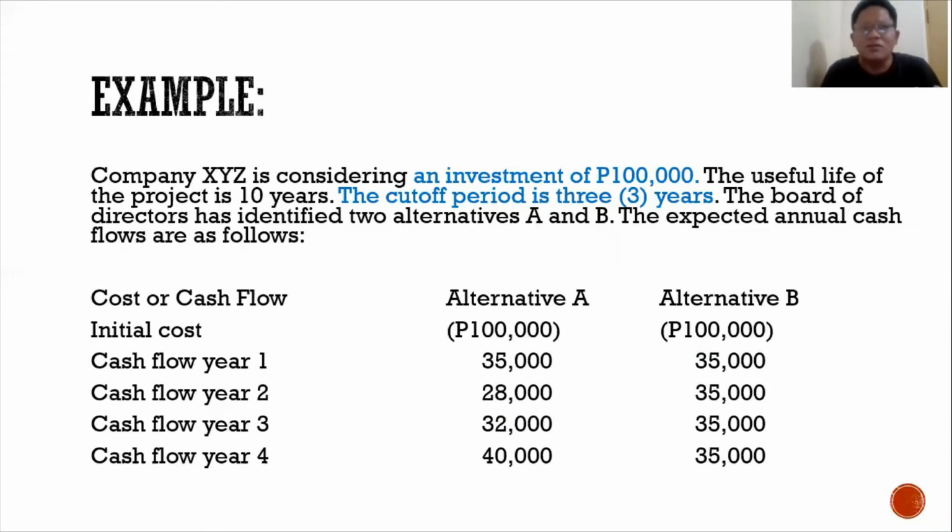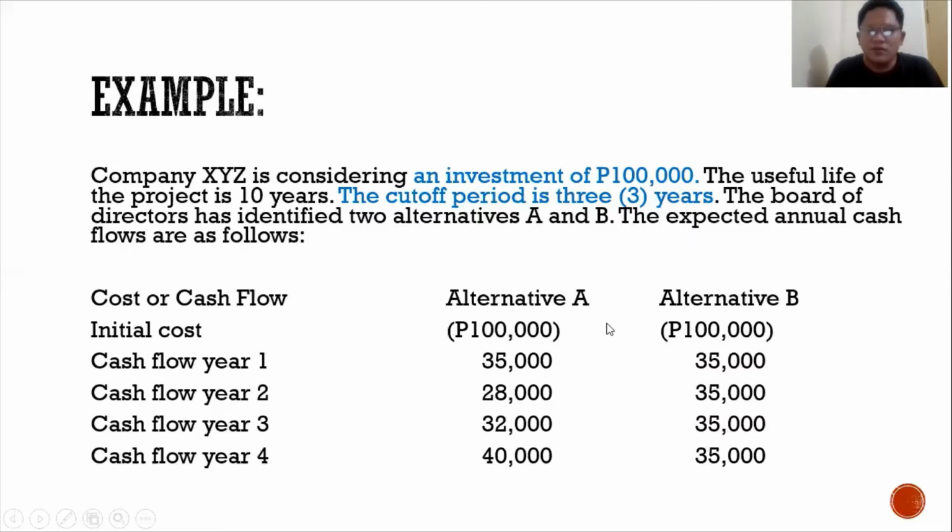Again, we will just be assessing the business. This is only one point in evaluating a business. We are just assessing how quickly we can recover our investment. Investment A has these expected cash flows, while investment B has these expected cash flows, 35,000.